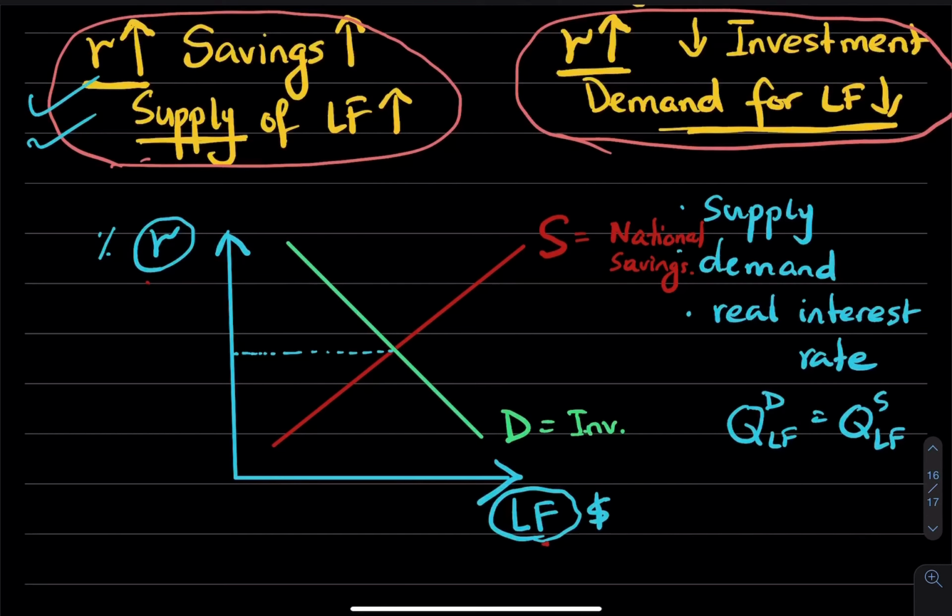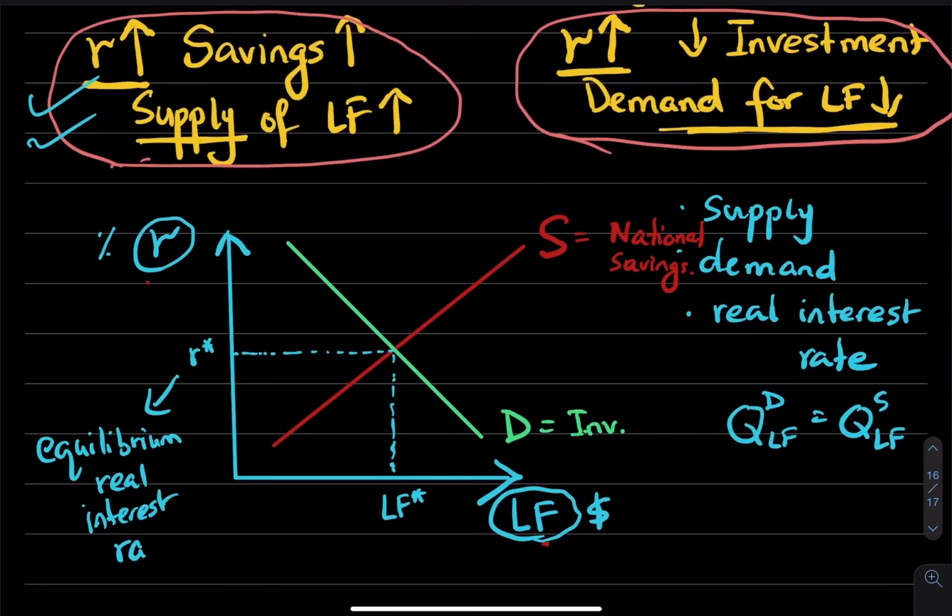And the interest rate that clears the market is going to be called the equilibrium real interest rate. And at this rate, the borrowers are borrowing LF star and the savers are supplying LF star, which is the quantity of loans in dollars.